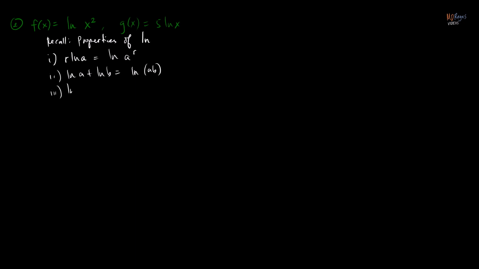And then ln of a minus ln of b can be written as ln of a over b when simplified. You also have to know that ln of 1 is 0, and that ln of e, that number, is equal to 1. These are important.